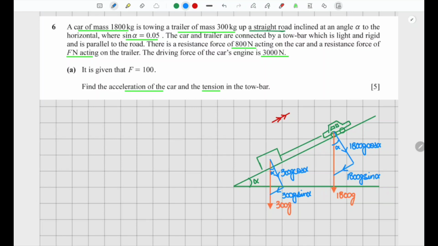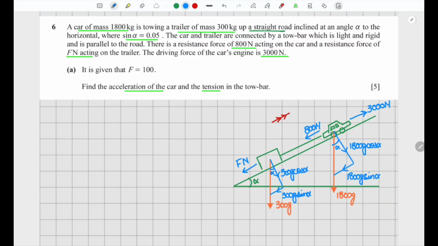Then the resistance force. The resistance force acting on the car is 800 newtons, and the resistance force acting on the trailer is F newtons. Secondly, the driving force is 3000 Newton, making it move forward.